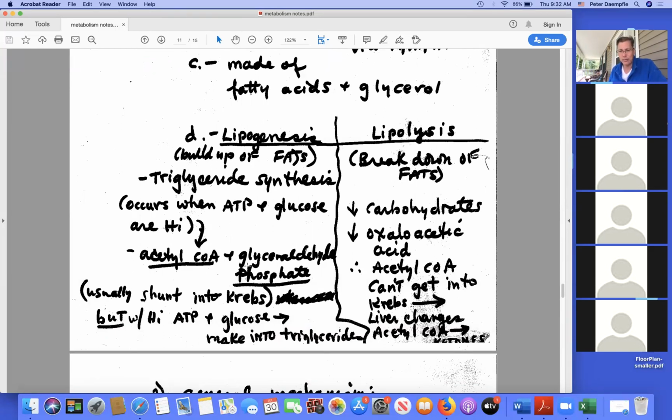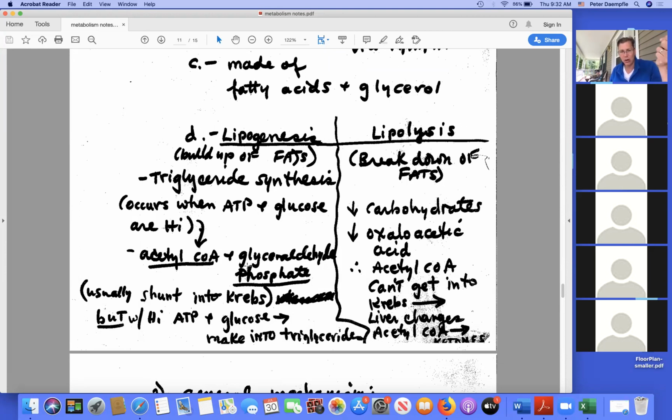How does that happen? Okay, when you don't have enough ATP energy, you start breaking down oxaloacetic acid. If you remember, that is the first part of the Krebs cycle.